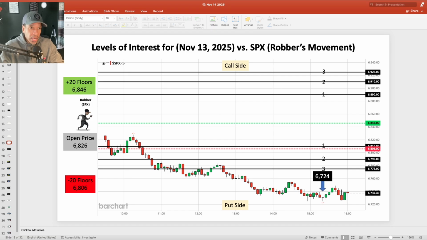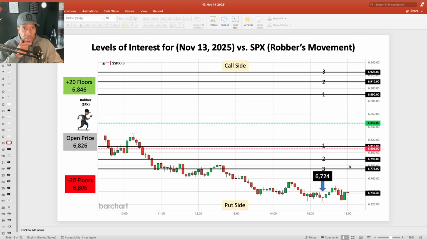Because of that hawkish or negative commentary from these Fed governors, that spooked the market, and the market actually dropped pretty significantly on Thursday, November the 13th.